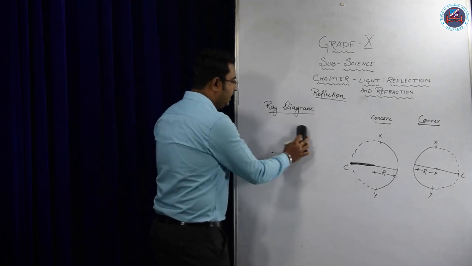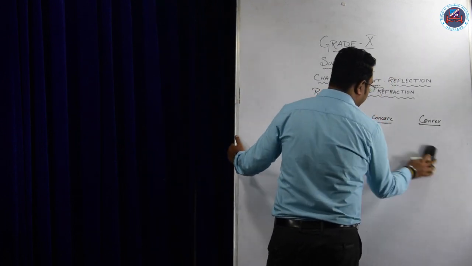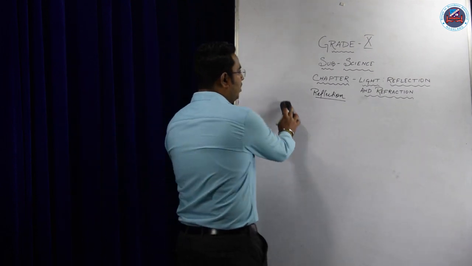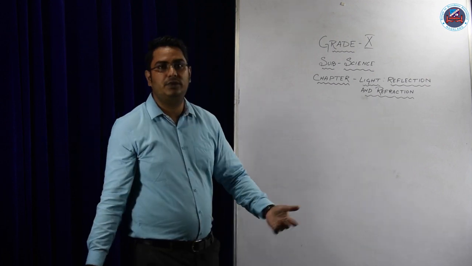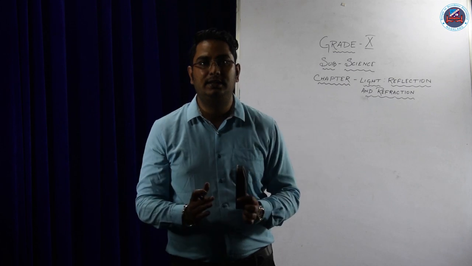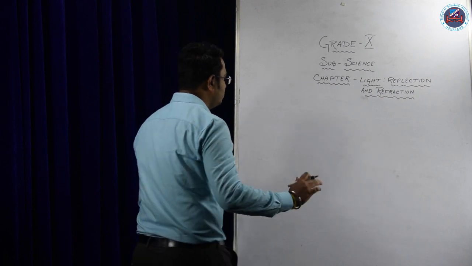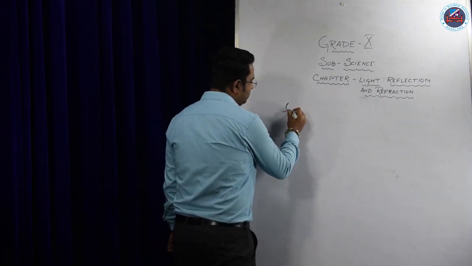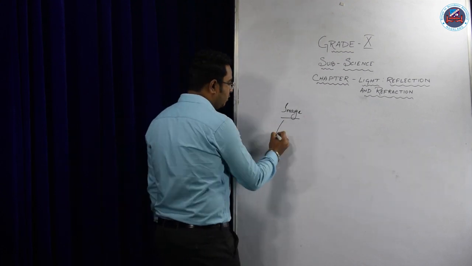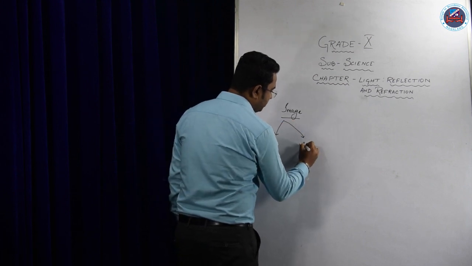Now there are a few relations, or formulas, which we have to keep in mind. But before going on to the formulas, we are discussing mirrors, which we use in our day-to-day life, and mirrors are used to form images. So next we'll try to understand images and how they form. Images are of two types, real image and virtual image.